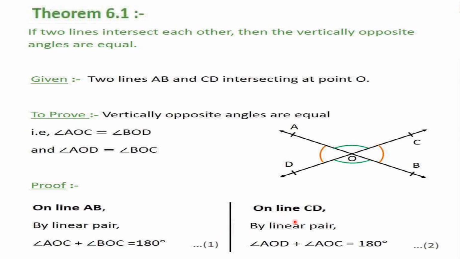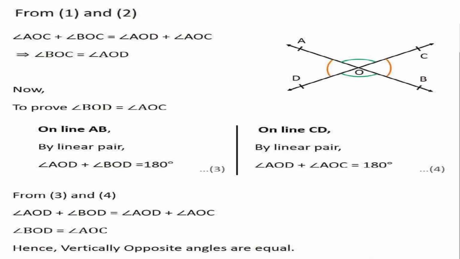Similarly, on line CD, by linear pair, angle AOD plus angle AOC form a linear pair. So the sum of these two angles is 180 degrees. Understood this point, my children? Right.